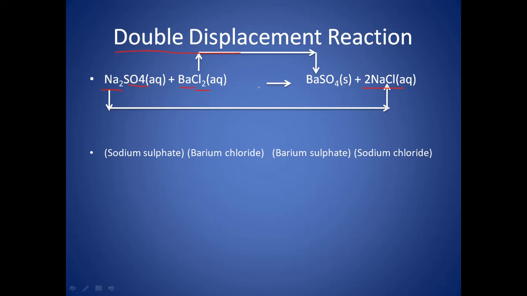So he goes with the SO4. So sodium sulfate has become sodium chloride and barium chloride becomes barium sulfate. That's the simple thing. That is single displacement. This is double displacement. That's the only thing we have to remember.